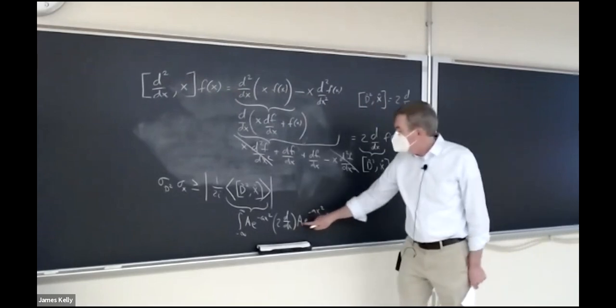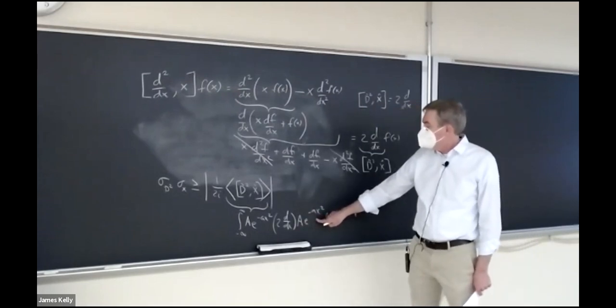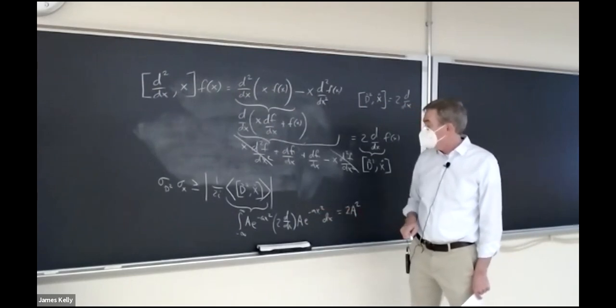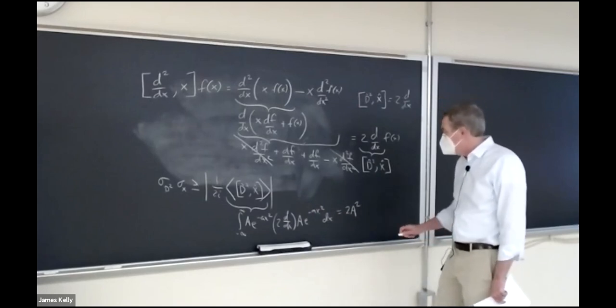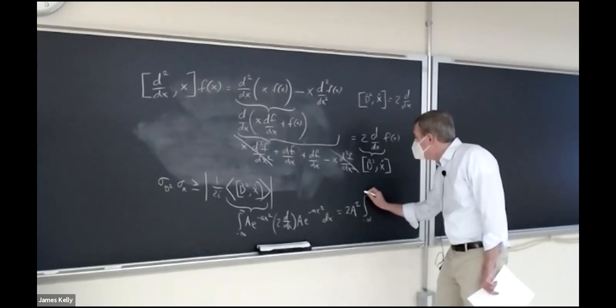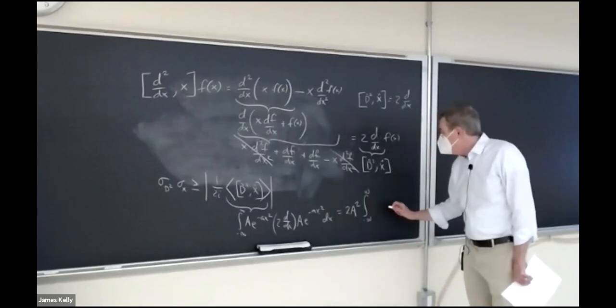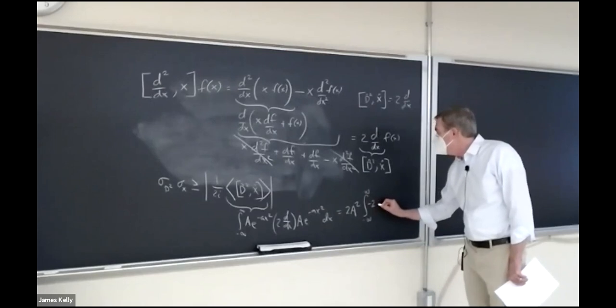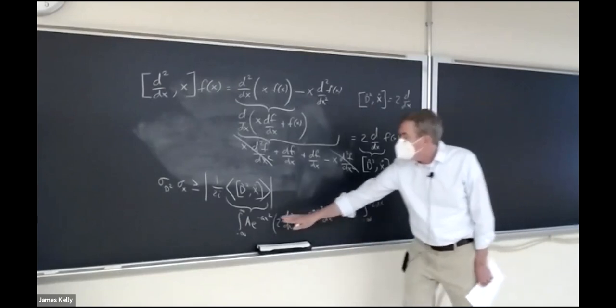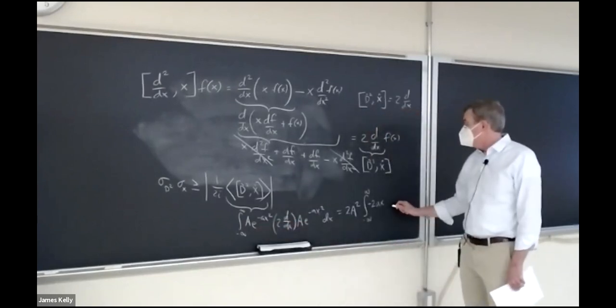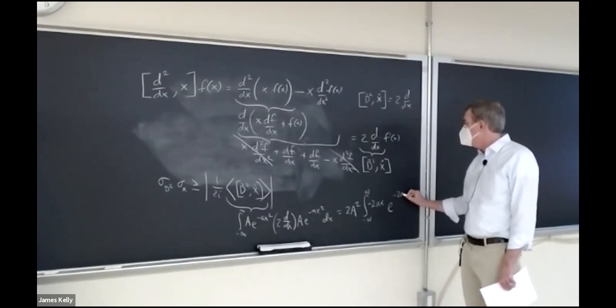When I take the derivative of e to the u, I get e to the u times the derivative of u with respect to x. So I pull down a minus 2ax. Tell me if I'm making a mistake here. I pull down a minus 2ax, and I get an e to the minus ax squared back again, combined with this one that I had out there, gives me an e to the minus 2ax squared, I think.